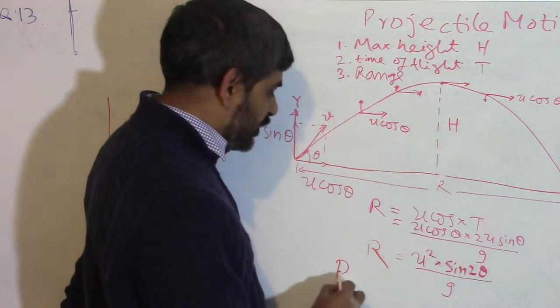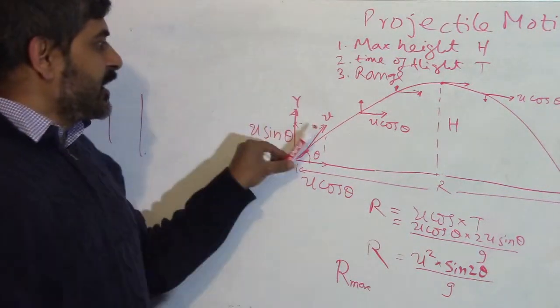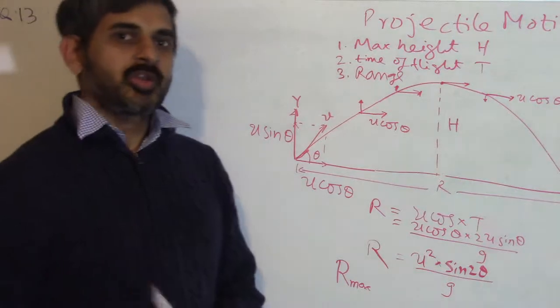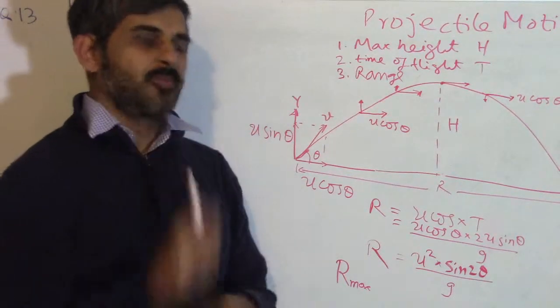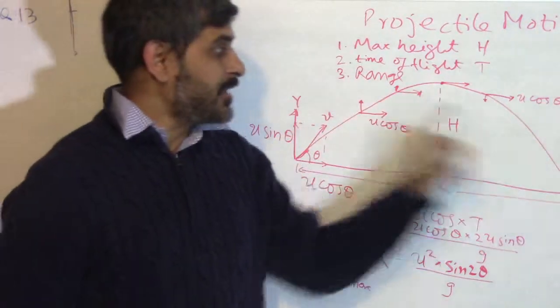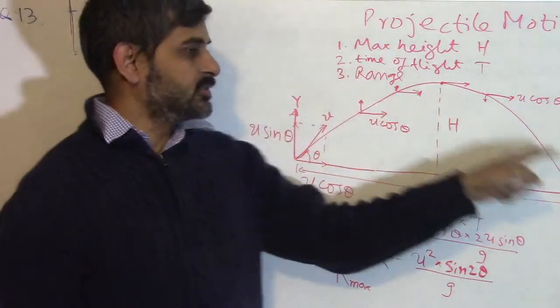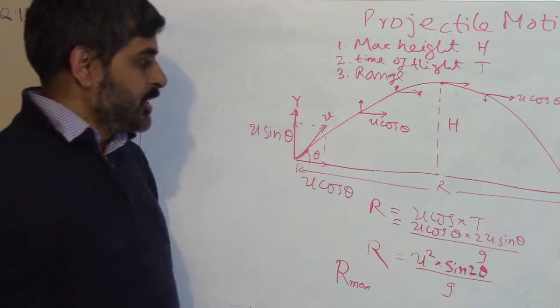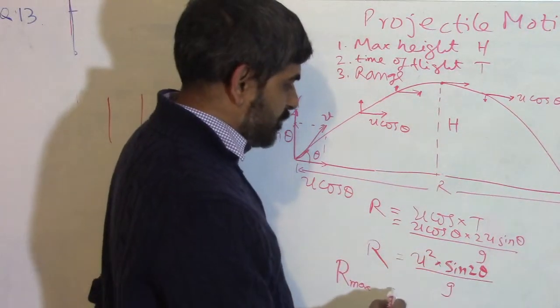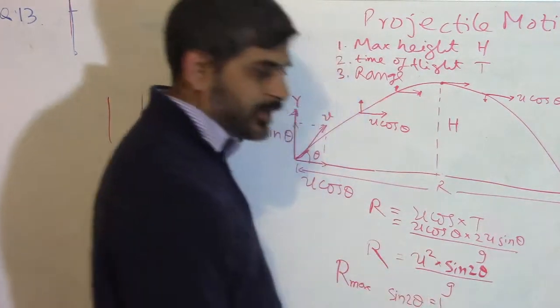Now another question we ask is, when is R maximum? If you are given a velocity u, you cannot throw a ball, a shot put ball, beyond a certain speed. What can you do to maximize the range? At what angle should you throw the ball so that it reaches the maximum? The maximum value of sine 2 theta is 1.